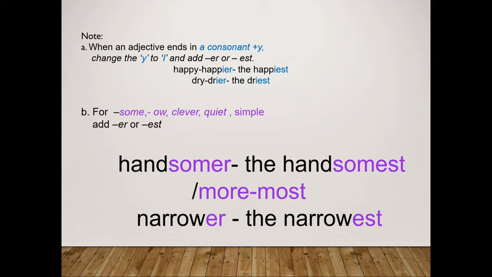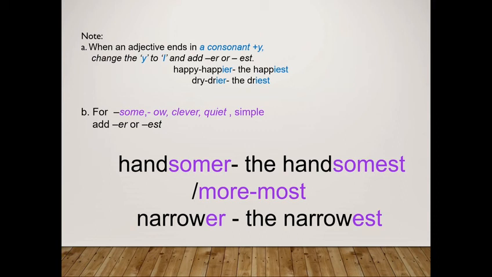Narrow. Narrow has two syllables, nar and then ow. Because the word ends in ow, you must use the one syllable form. It becomes narrow, narrower, lebih sempit, the narrowest, paling sempit.